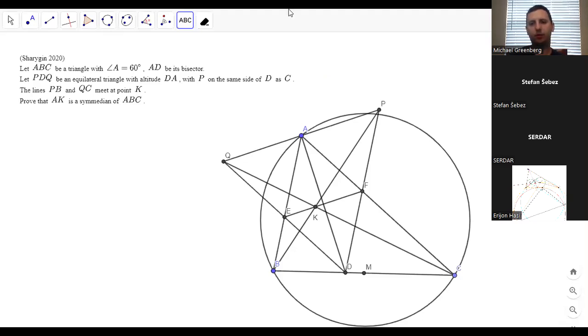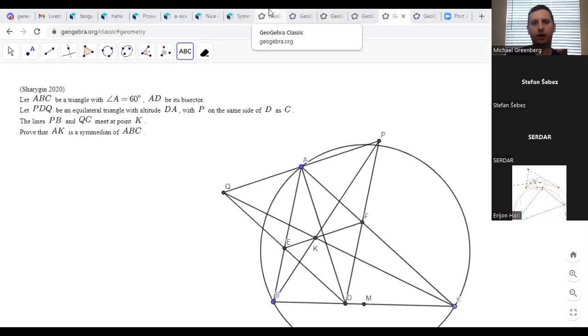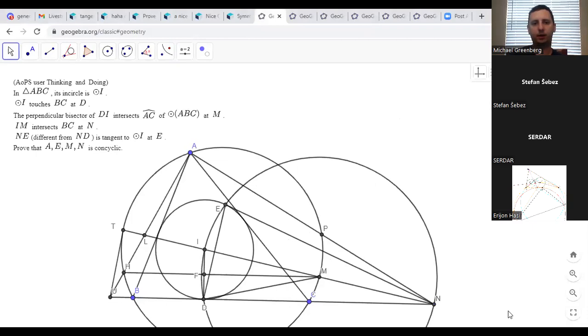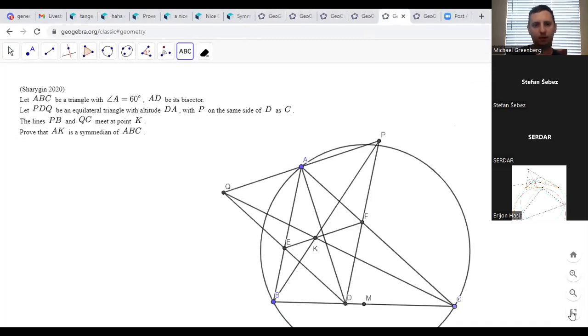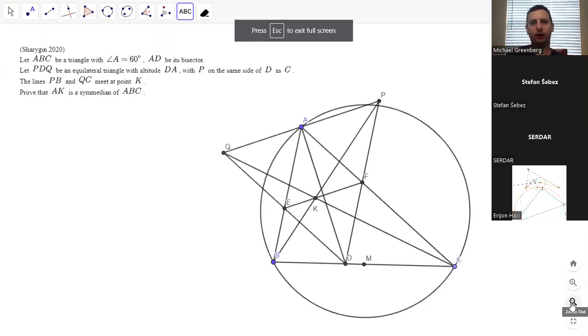Just for Urjan, here's the first one. Someone just posted it on AoPS and Serdar sent it to me. You can take a screenshot of this. This is the first problem. For this one, Serdar is writing, I think he just put the solution on Discord.